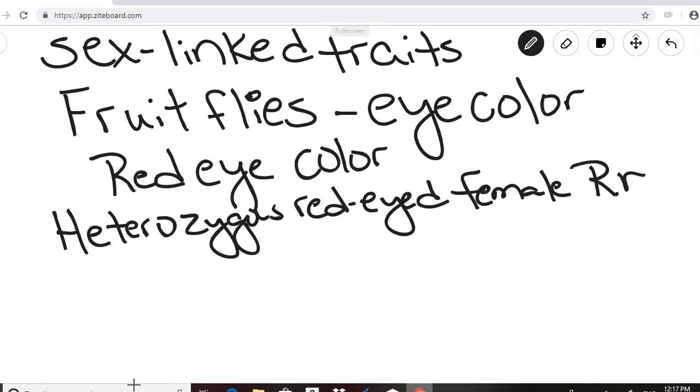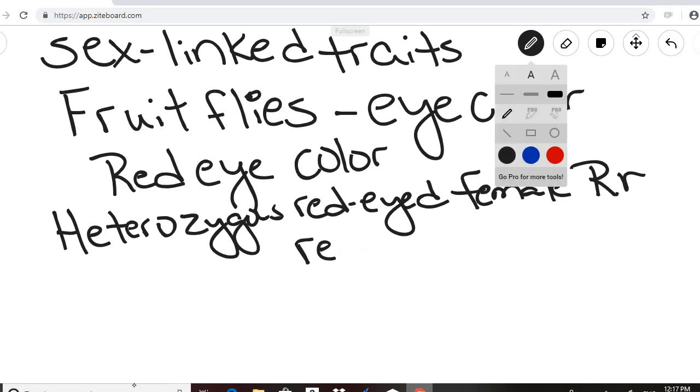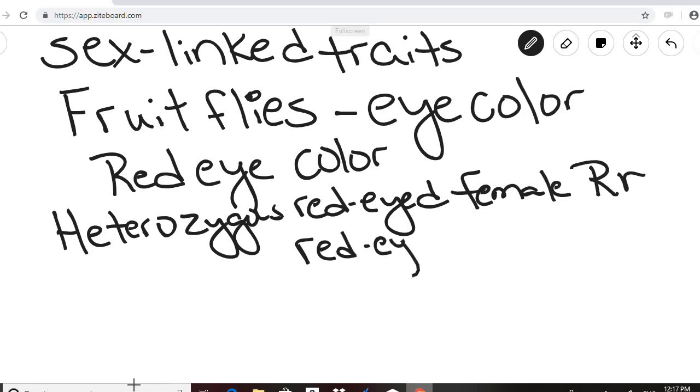And then what if we had a red-eyed male, and we're going to mate these two fruit flies. Well, since we just said that in a male, the trait for eye color is only carried on the X chromosome. It's not carried on the Y.